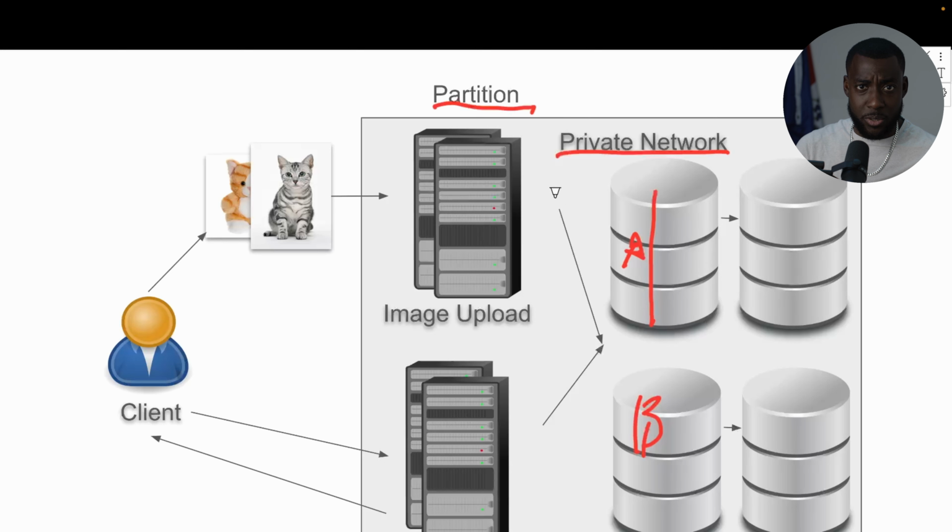However, if you partition your data, you can partition it in a way so that every client whose last name starts between A to, let's say, M, their data is going to be in database A. And every client from N to Z is going to have their data in database B. Just by doing this, your database is not working as hard to serve all of the requests.